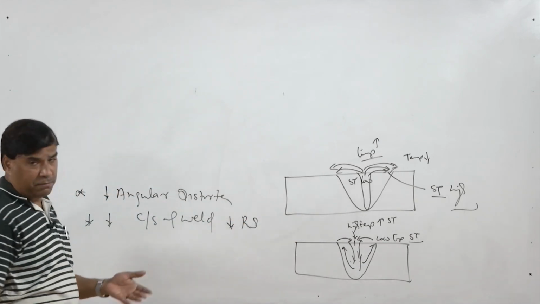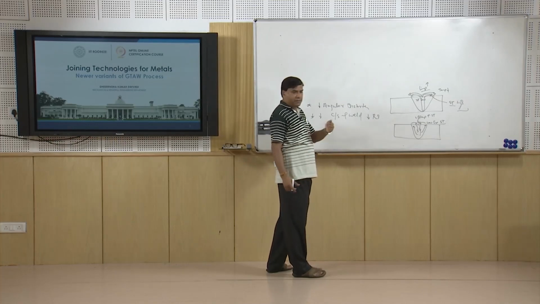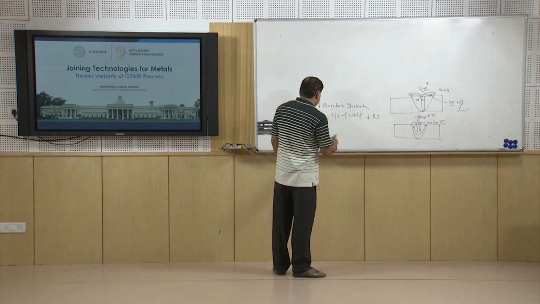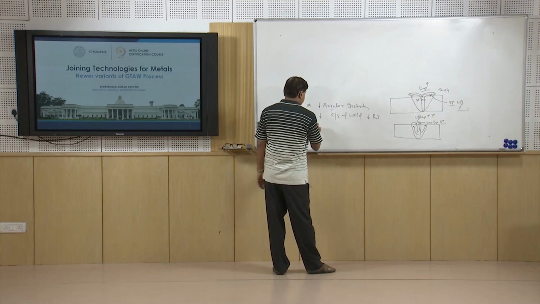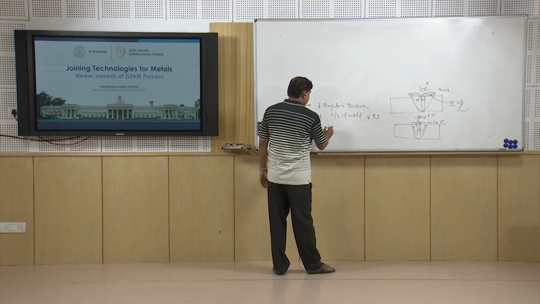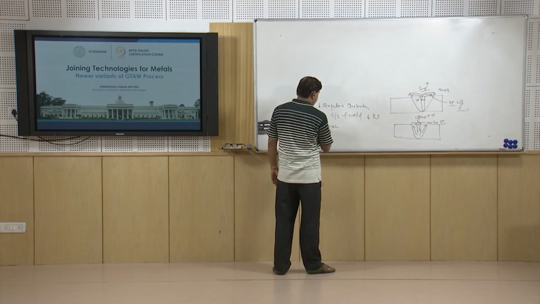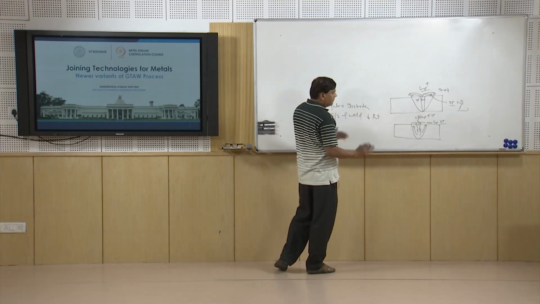So, 25 to 30% reduction in residual stress magnitude is generally observed as compared to the conventional arc GTAW process. Another thing is that our HAZ width is reduced because heat input is reduced for the given thickness.